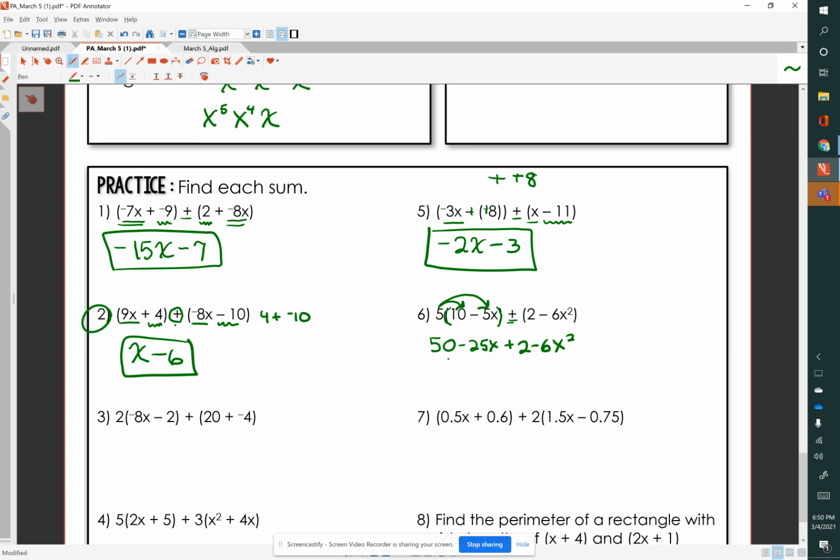So now we've got to combine like terms. We have negative 25x minus 6x squared, but we can't combine those. They're not like terms, so let's not do that.